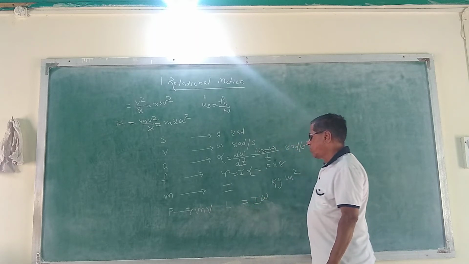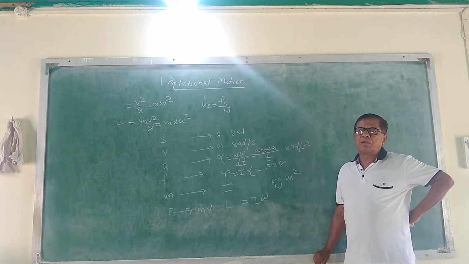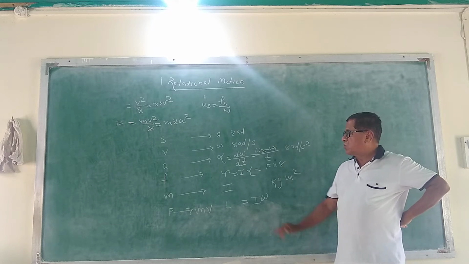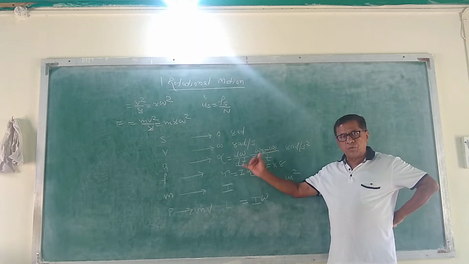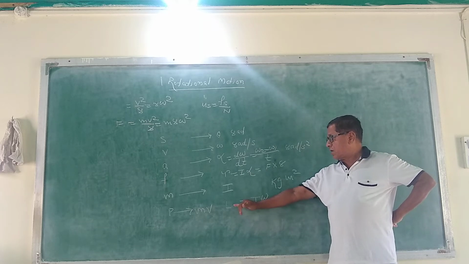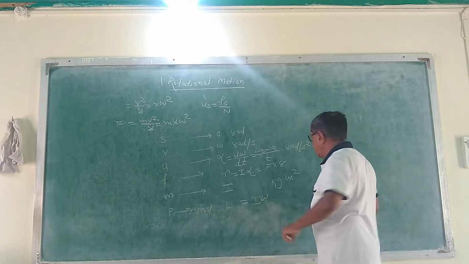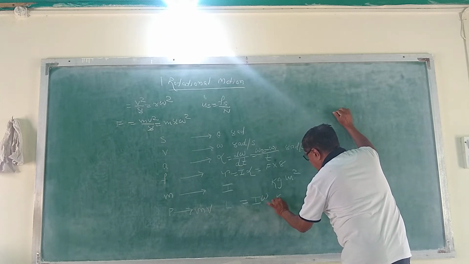That is, the angular momentum is taken as I omega. This angular momentum can also be called the moment of momentum, and the torque is called the moment of a force. The angular momentum L is equal to I omega. Its unit is kg meter square per second.